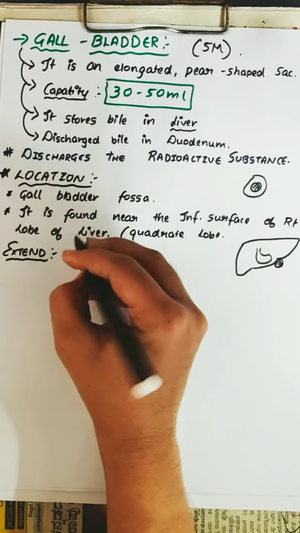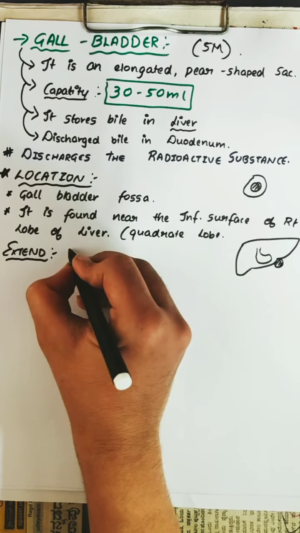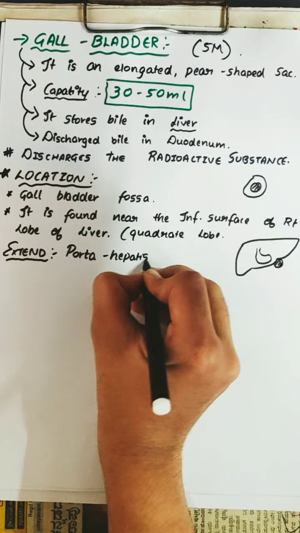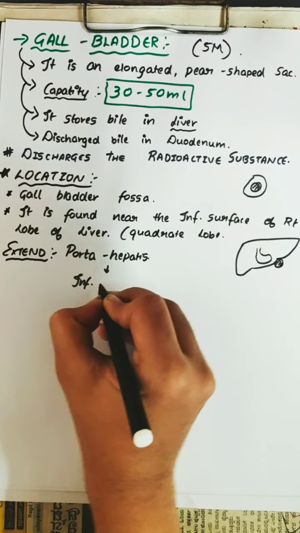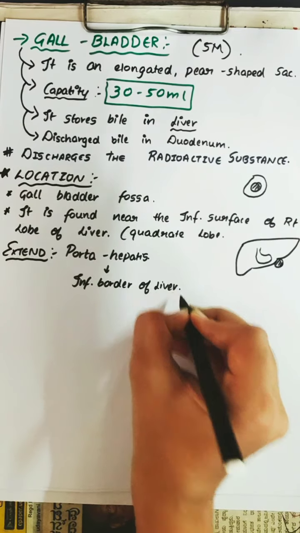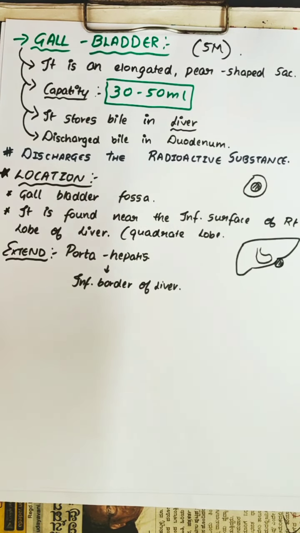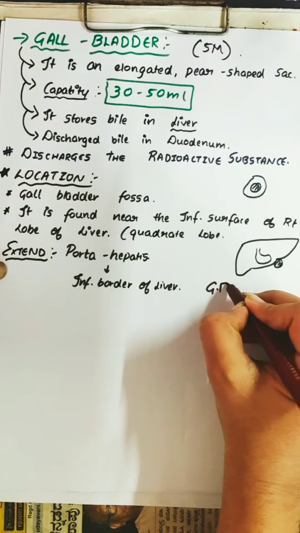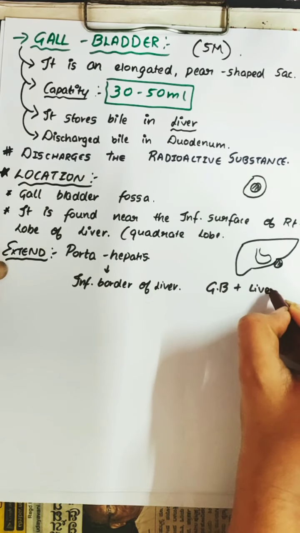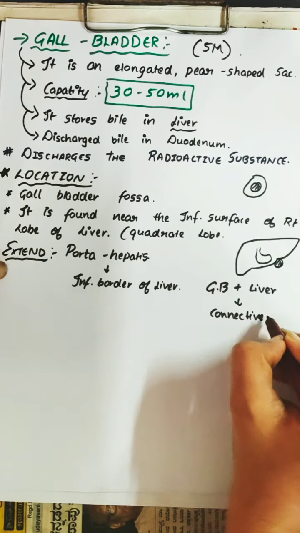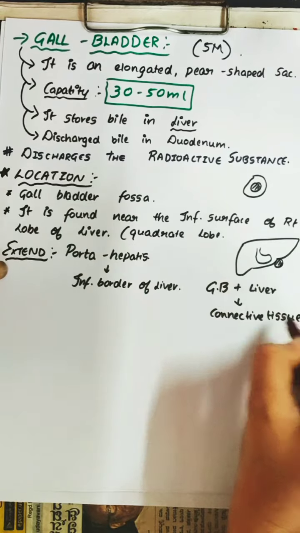Remember all these points: it extends from the porta hepatis to the inferior border of the liver. The gallbladder is attached to the liver by connective tissue.